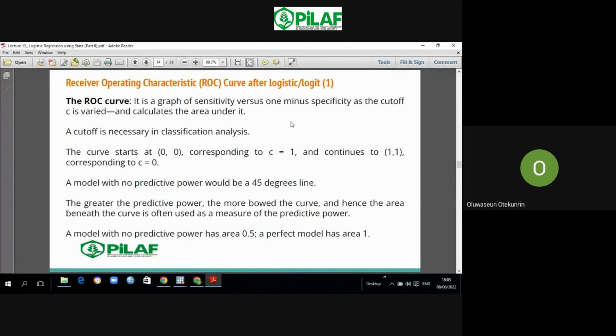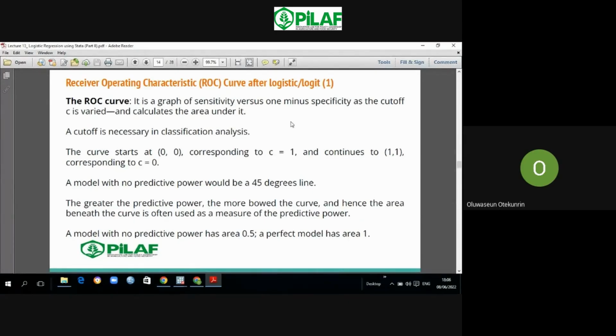And what do we need from the curve? We need the area under the curve. The area under the curve tells us about the predictive power of our model. So when you check that area, the greater the value, the greater the predictive power.